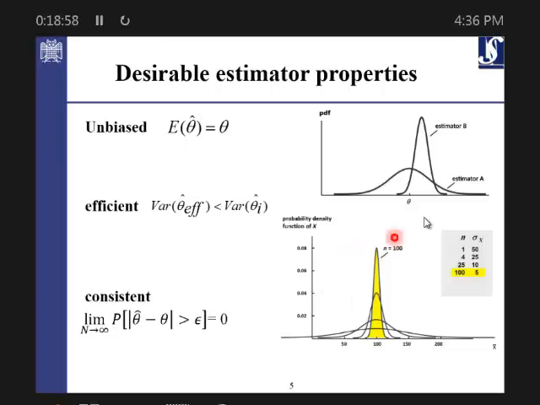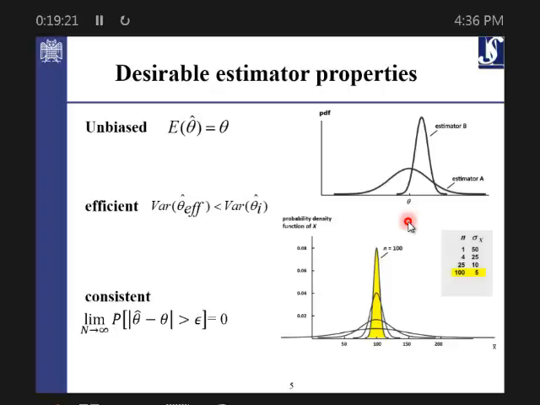So here, theta is the true mean value, the true value. The estimator A has its mean just overlaid with theta.